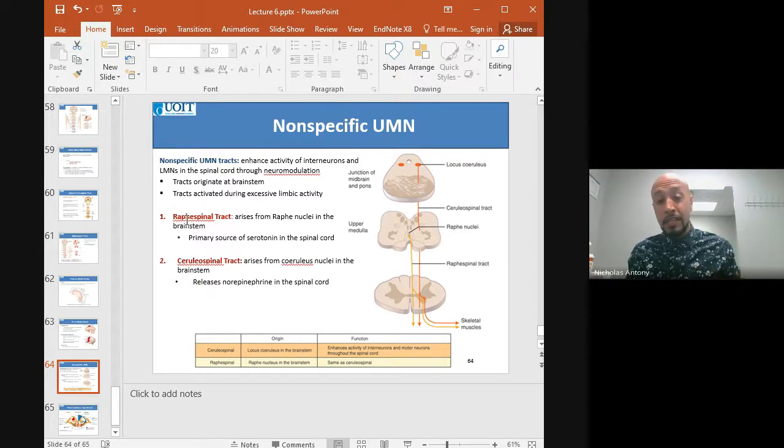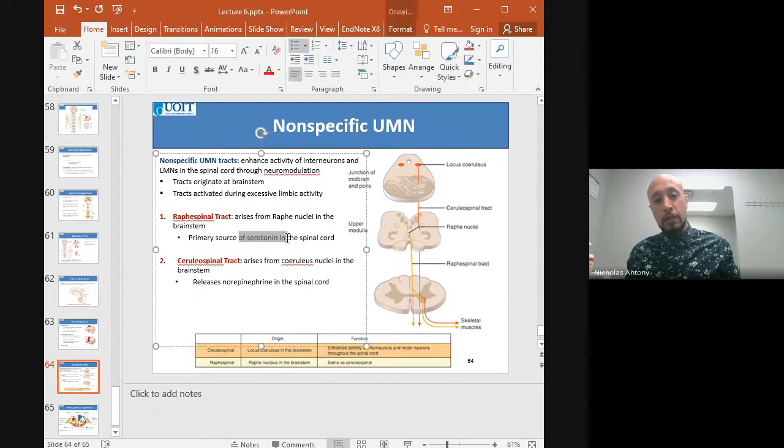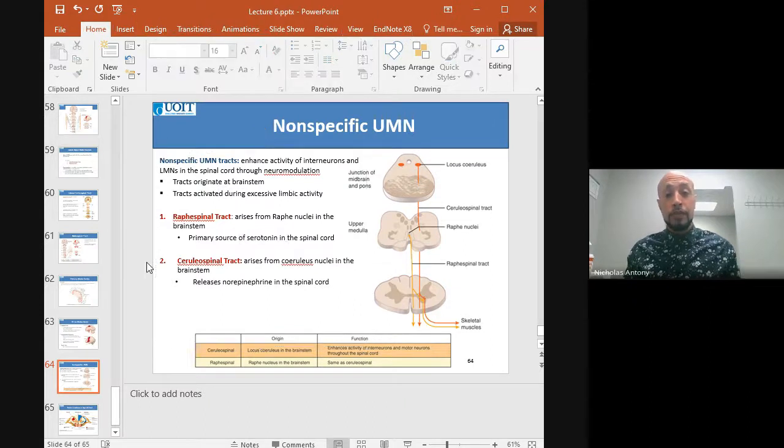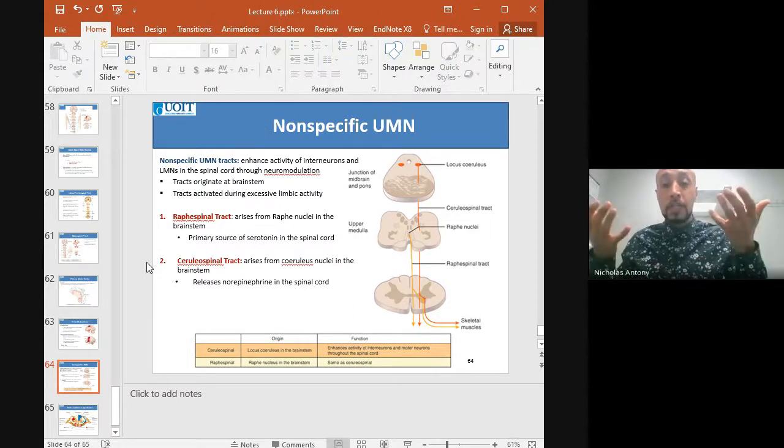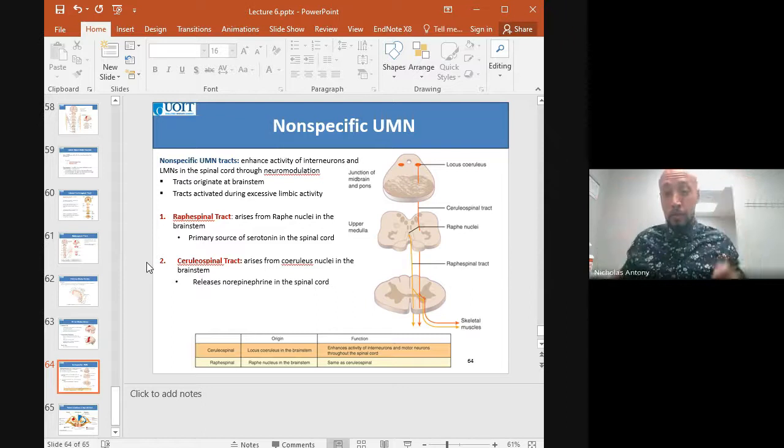But what this does is the raphespinal releases serotonin into the spinal cord, whereas the coerulespinal tract releases epinephrine into the spinal cord. So it's a way to neuromodulate all of the lower motor neurons to be more likely to contract or not.